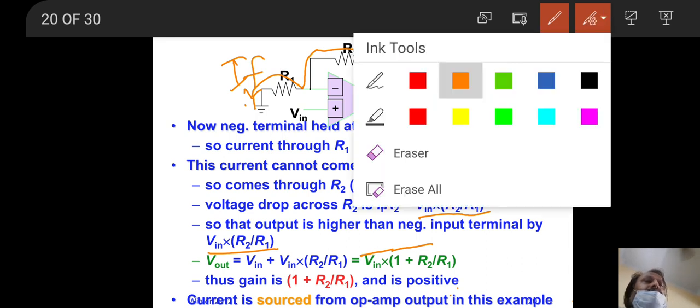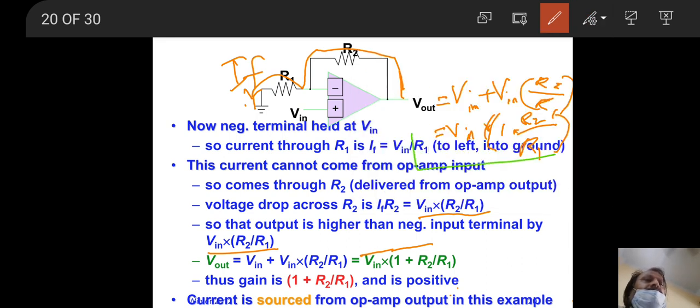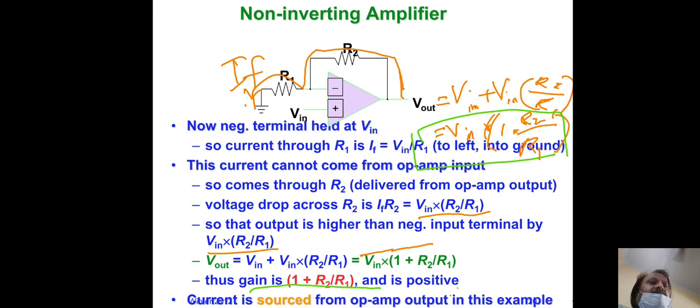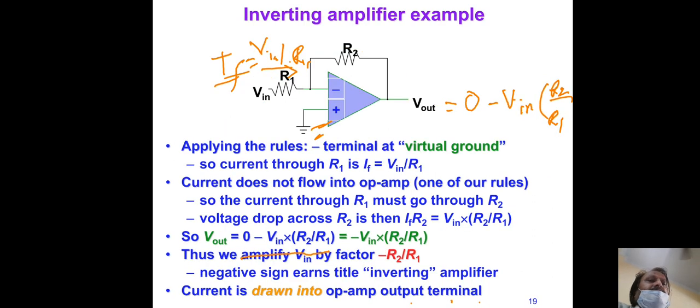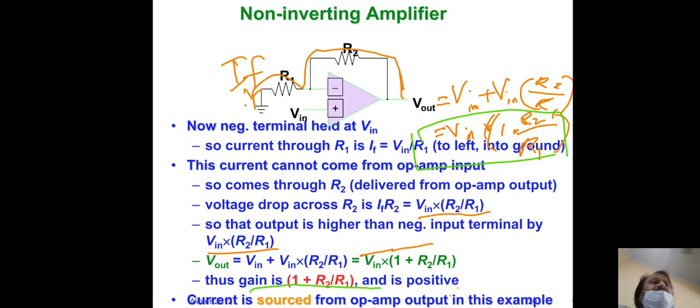The output voltage is positive, so the gain, 1 plus R2 by R1, is positive. So it is considered a non-inverting amplifier. The current is sourced by the amplifier output.